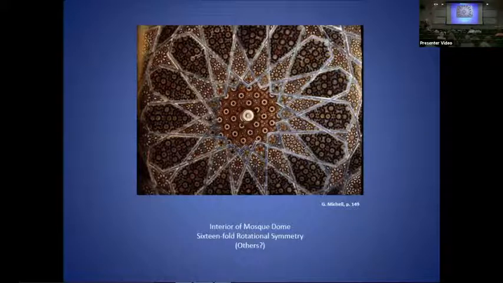This is the dome of a mosque. Beautiful 16-fold rotational symmetry, and possibly also mirror symmetry. It's a little subtle though, because you'll see that this little part here seems to go on top of this one. And so if you were to reflect, I believe that when this part is reflected to the other side, it will change which of those two things is on top.